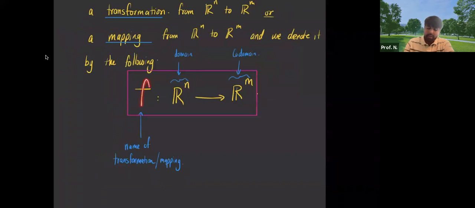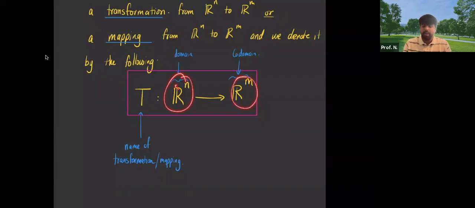These letters are going to change. This could be an F, this could be a T, or a different kind of letter. The first thing before the arrow indicates where your domain lies, and the codomain is where your image, your range, lies. The arrow indicates that I'm going from here to here. It gives you a sense that you're mapping something, assigning something in here to something in here. That's all it is.